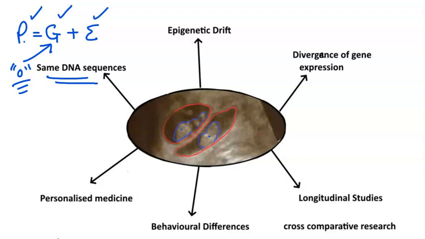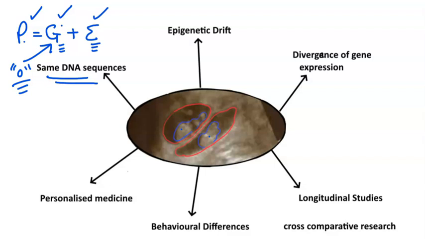Unlike two dizygotic twins or any two children from the same parents, where the genetic inheritance is considerably different, with monozygotic twins there's the potential to study the environmental impact on the genome.